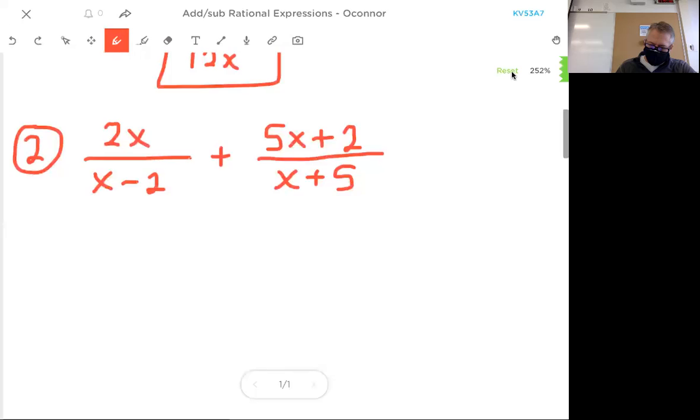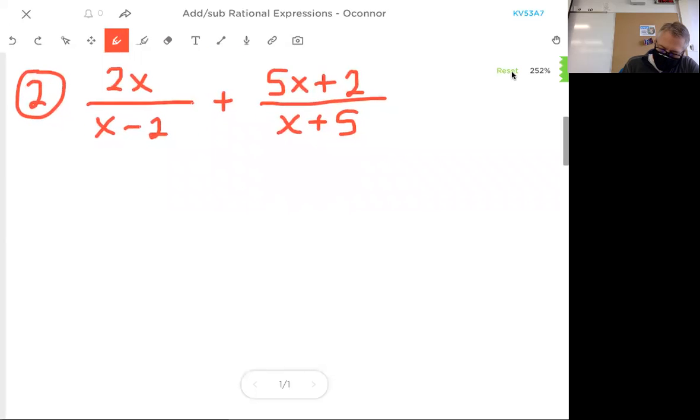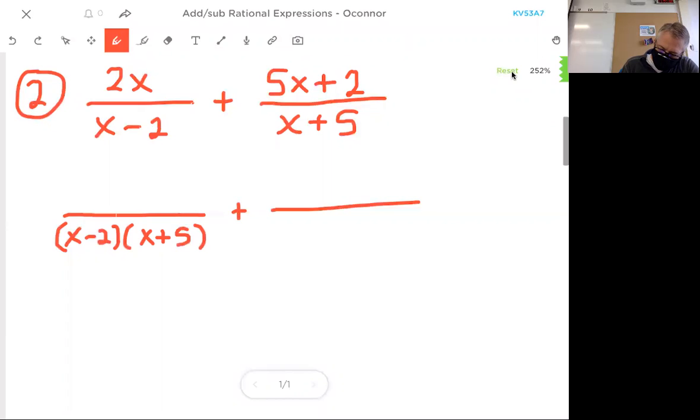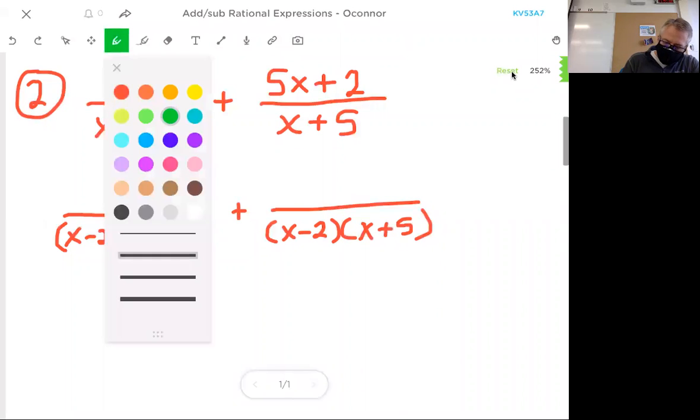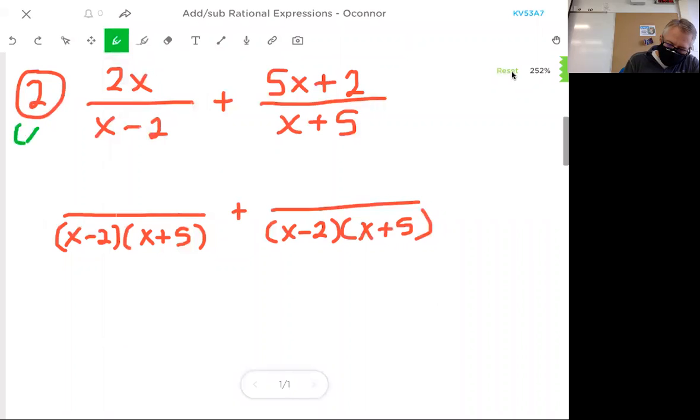All right, next one. We have a common denominator of x minus 2 times x plus 5. So on the left side, we are multiplying top and bottom by x plus 5.